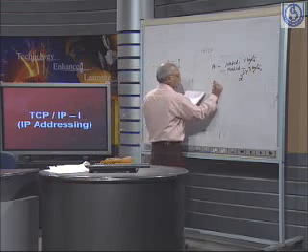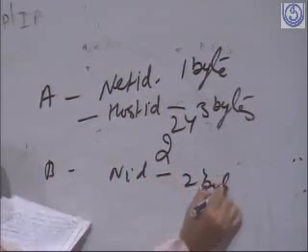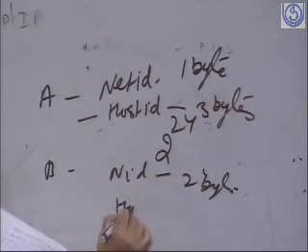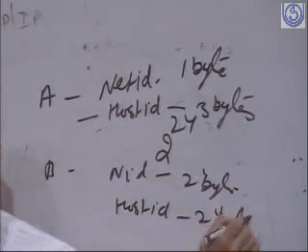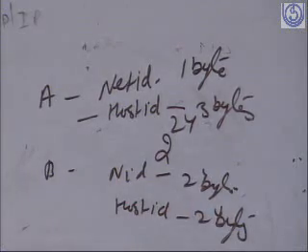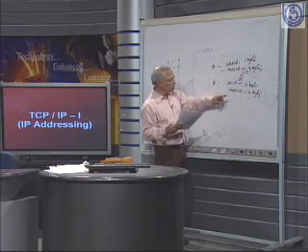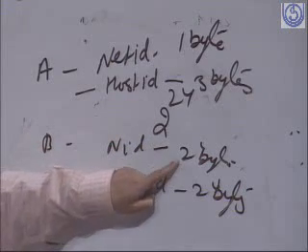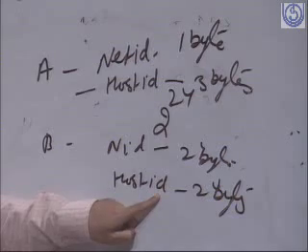Class B, the net ID is 2 bytes, and the host ID is again 2 bytes. So this way it is defined. As you move from class A to class B, you see the size of the net ID is increasing and the size of the host ID is decreasing.